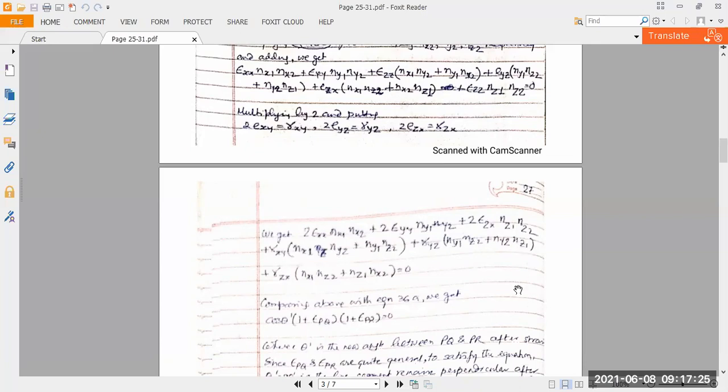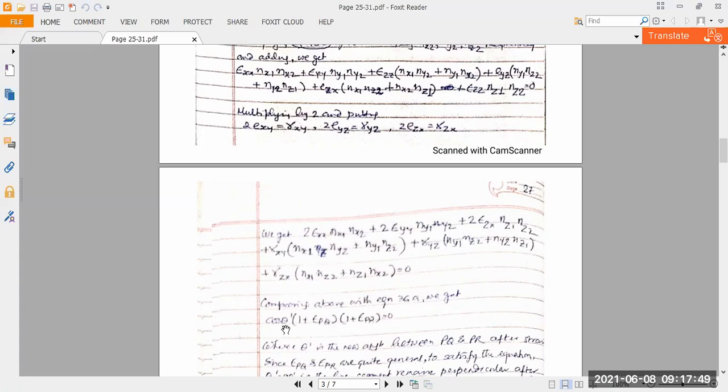Now we know the total portion of this is equal to, as I told you earlier, cos theta dash equal to the total value of this equation divided by (1 plus EPQ) multiplied by (1 plus EPR).